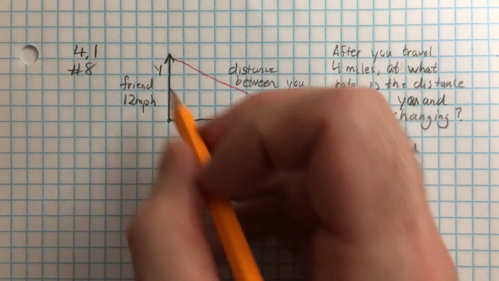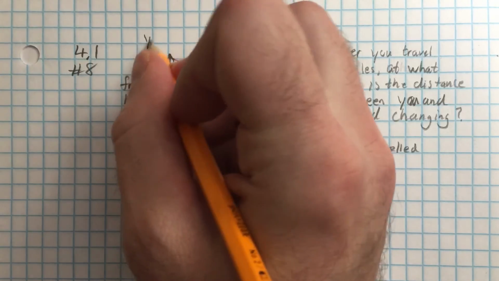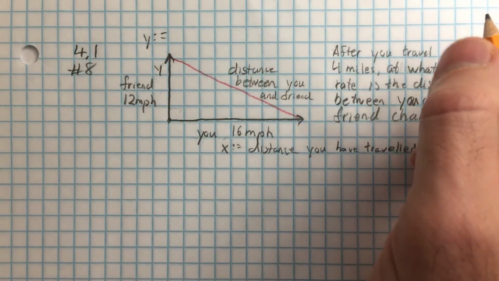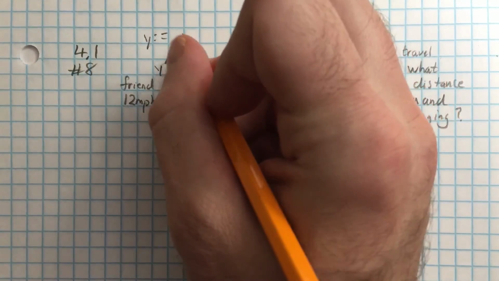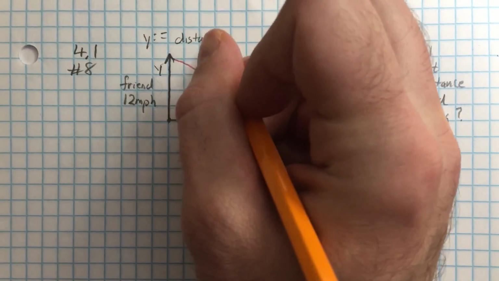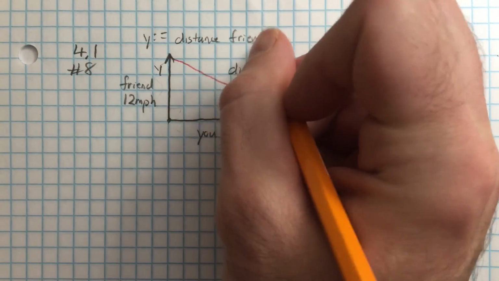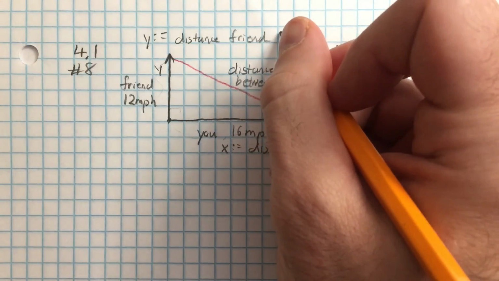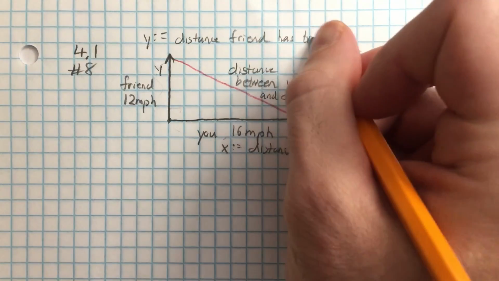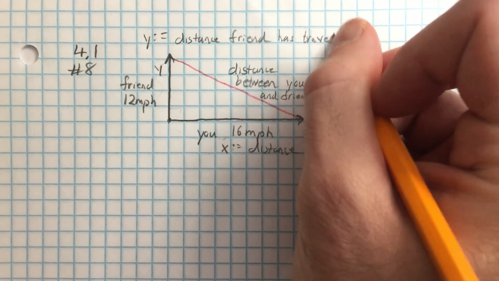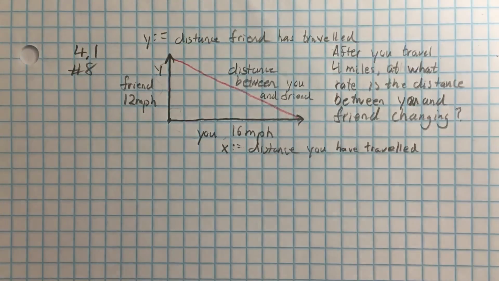And y over here is the distance friend has traveled in the northward direction from starting point.